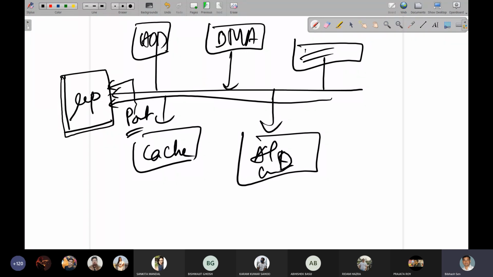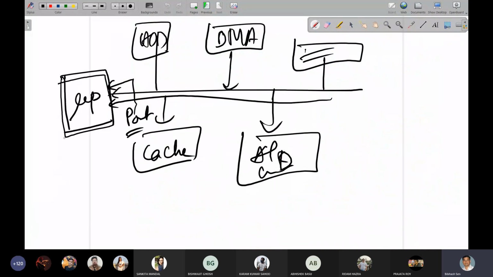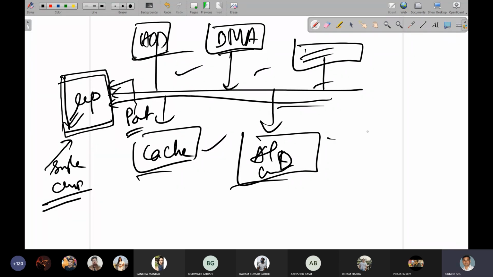Apart from the microprocessor, whatever I have explained in this part, this is the microprocessor present here. But apart from that, all these different things are connected. Clear? It is not a single chip. Only this is a single chip, and these are isolated. You can connect a flash drive also.